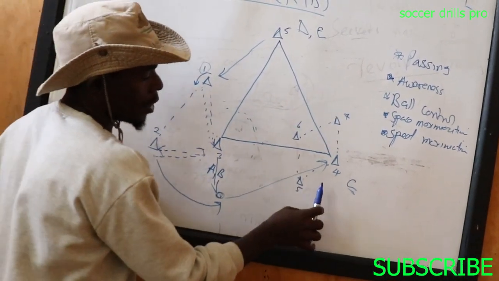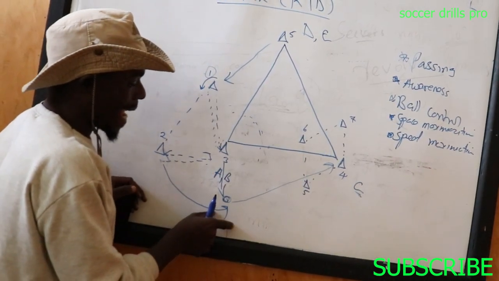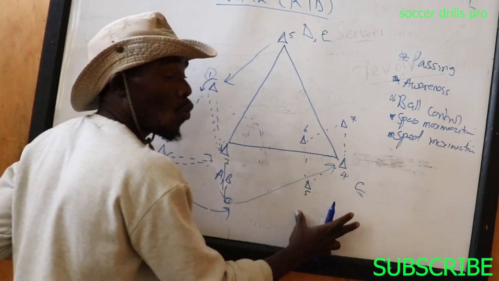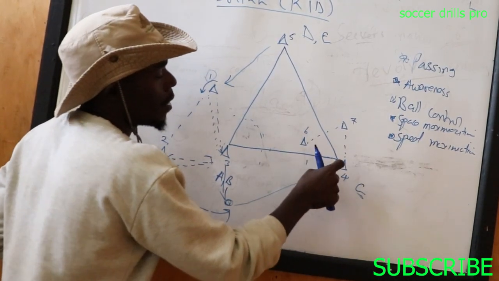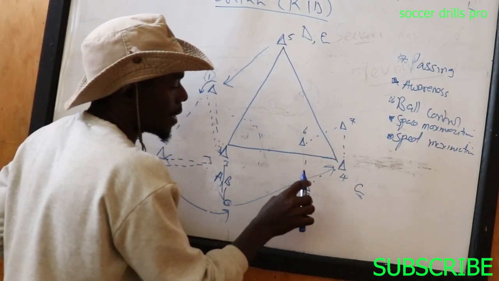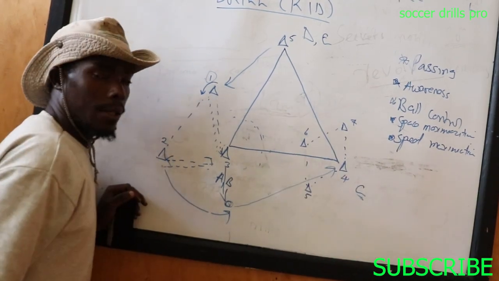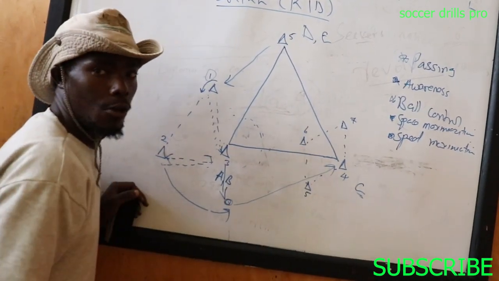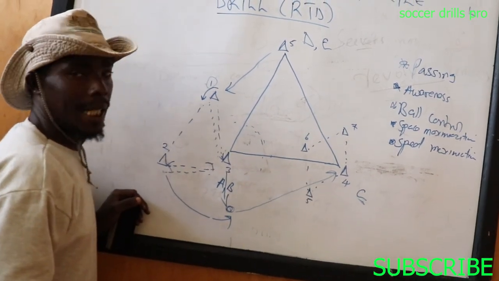So now we will have player A, player B and player C with the ball. And these points, in most cases, I tell some players in drills and sessions to assume they are opponents. They will allow us to grow our intelligence in football.